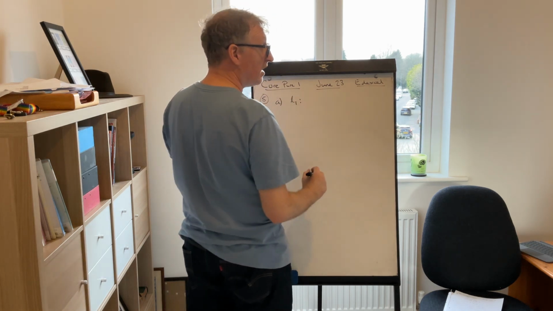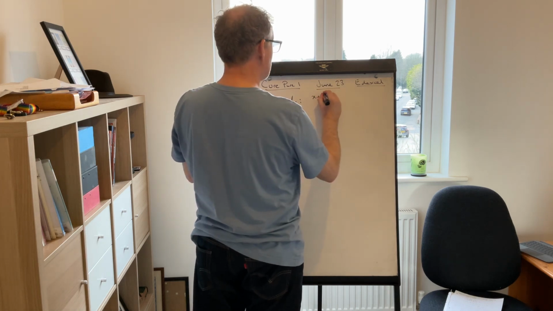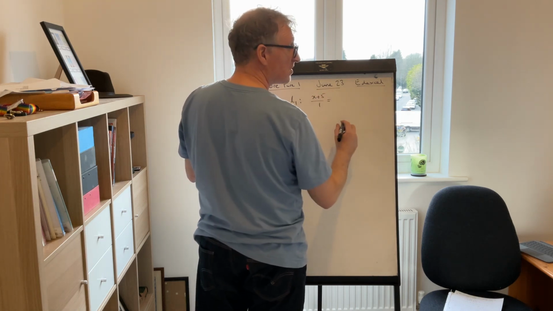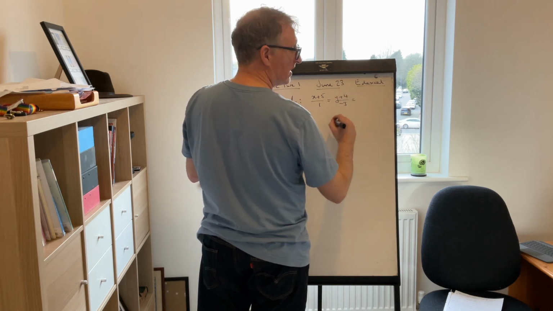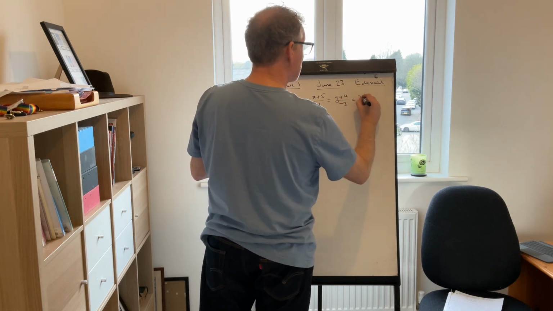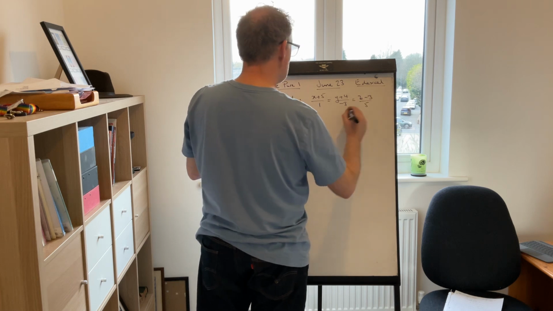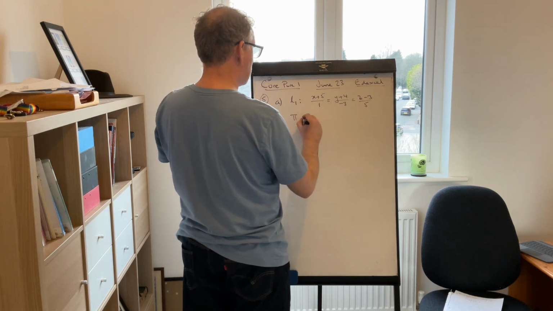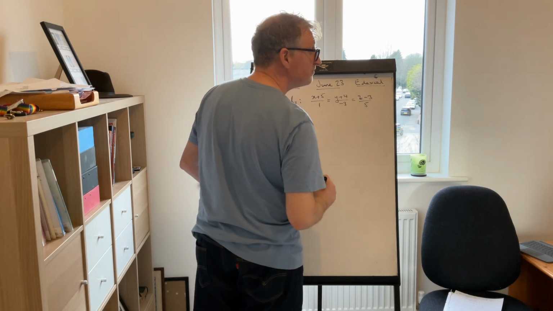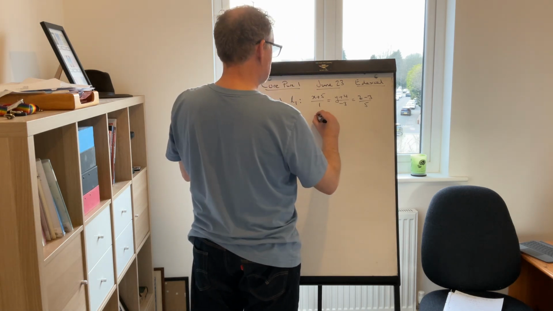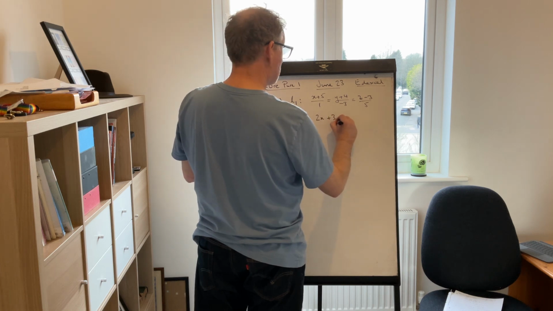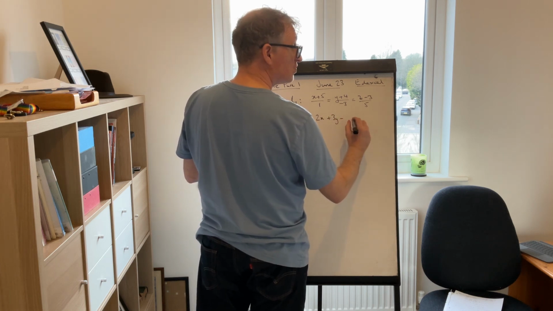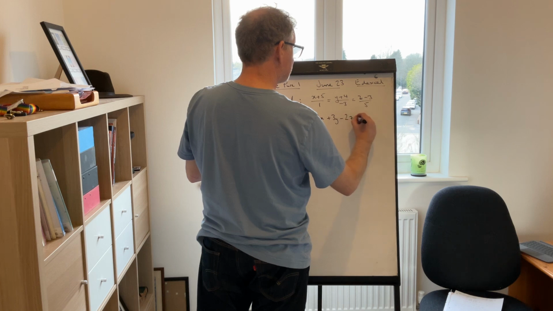The L1 has this equation, (x plus 5) over 1 equals (y plus 4) over minus 3 equals (z minus 3) over 5. And we have a plane pi 1 that has the equation 2x plus 3y minus 2z equals 6.